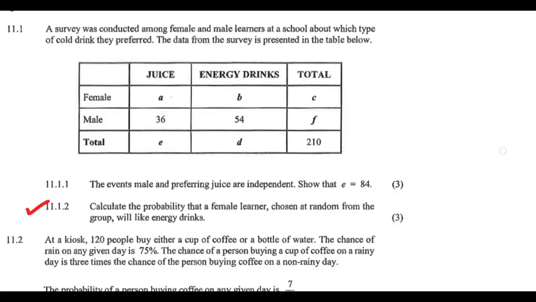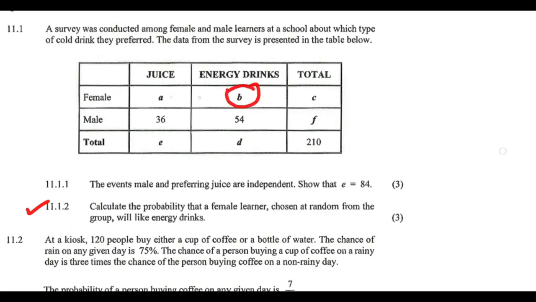So the second question says, calculate the probability that a female learner chosen at random from the group will like energy drinks. Now, first of all, identify the relevant values. So we need to determine the values here. You're looking at the female and the energy drinks.